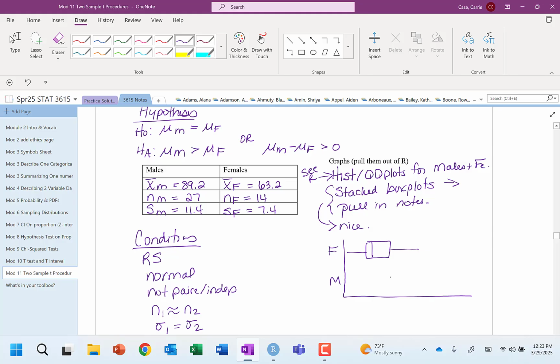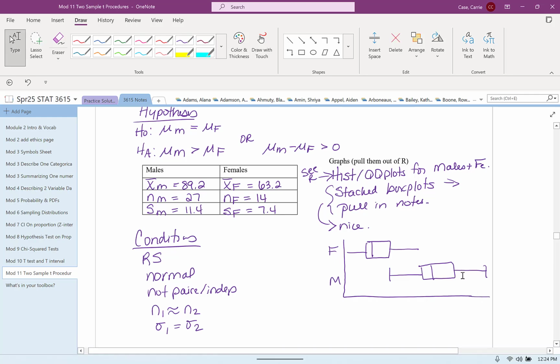And then for my males, that box plot starts really at the top of the other bar at the third quartile. So I've got a box. And so we can see that the males is much higher than the females. We would certainly bring in actual graphs here using good graphing skills for this box and whisker plot.